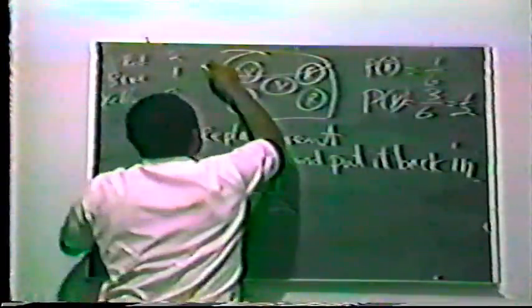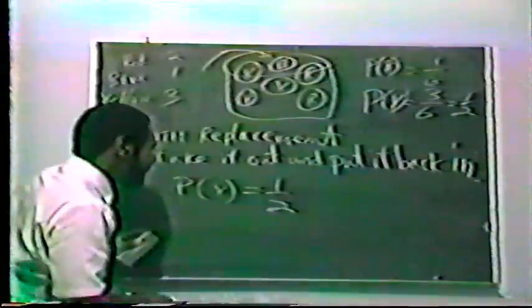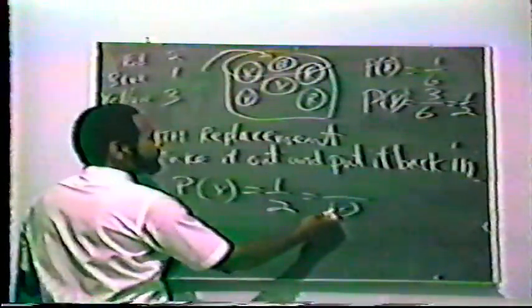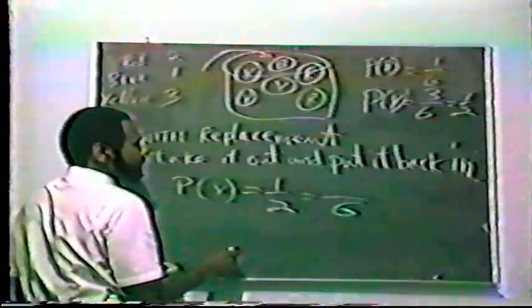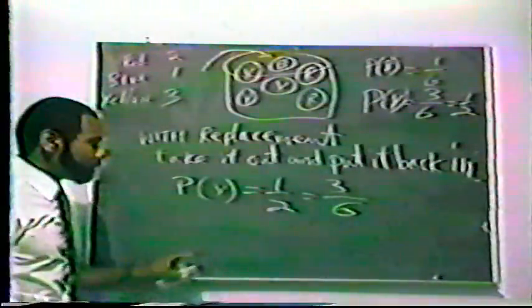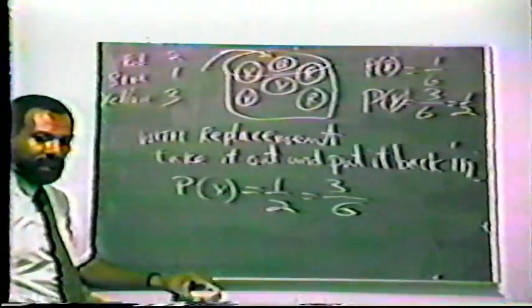Once we put it back in, we will still have a total of 6 balls, and 3 of those balls will be yellow, which would give us a probability of getting a yellow ball of 1/2.